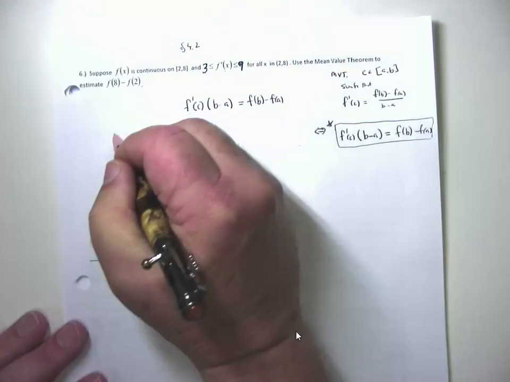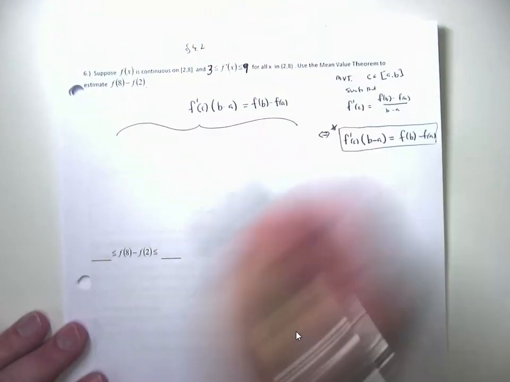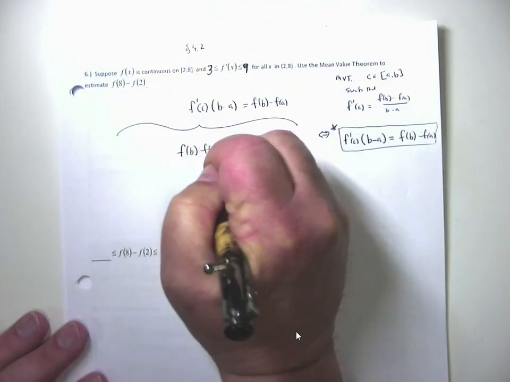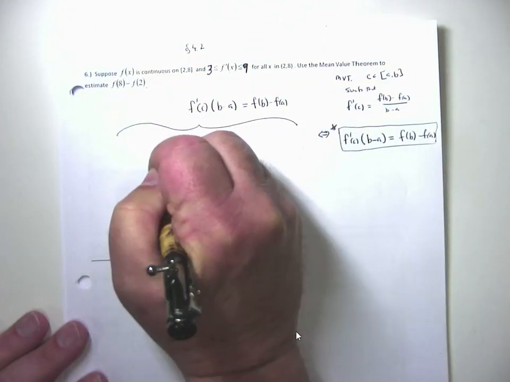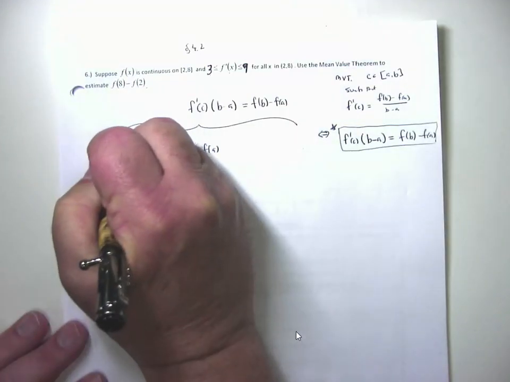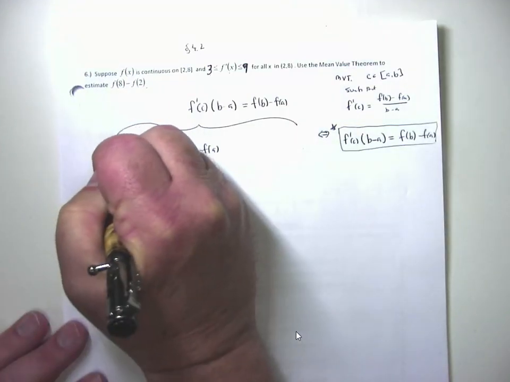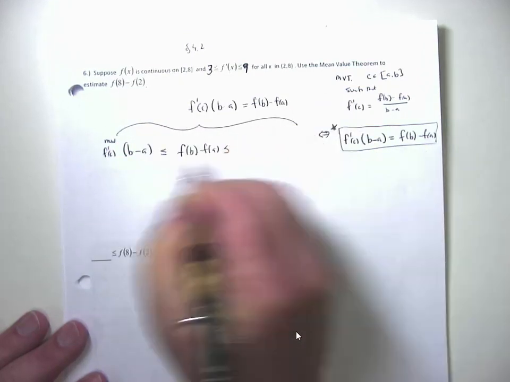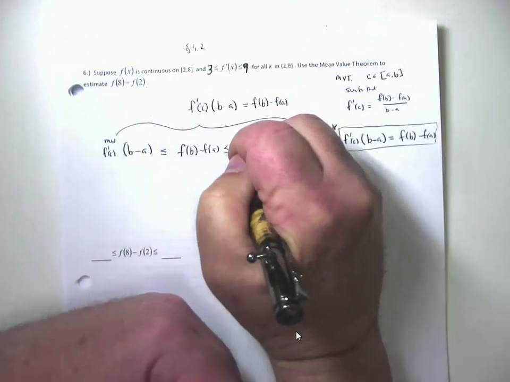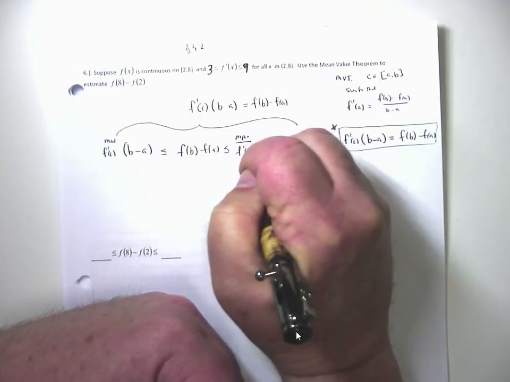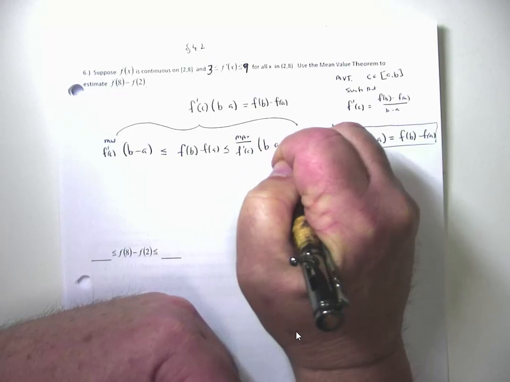What I'm going to do from the mean value theorem is rewrite this. The f of b minus f of a on the left side is greater than or equal to the minimum value of f prime of c times b minus a, and on the right side, this will be less or equal to the maximum value of the derivative, f prime of c, times b minus a.